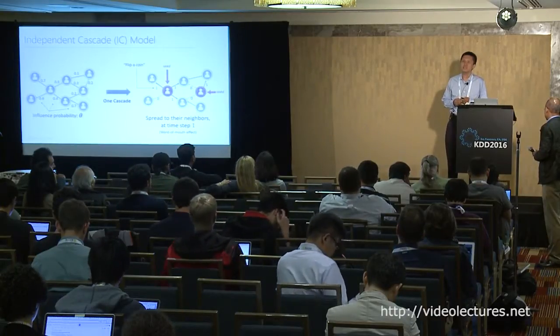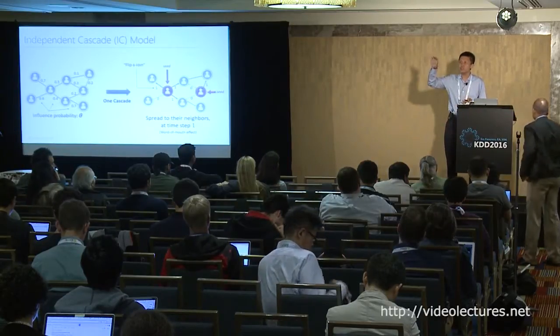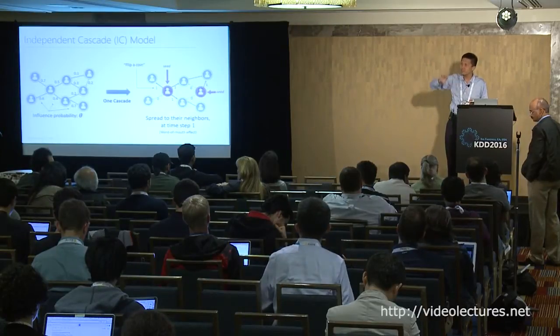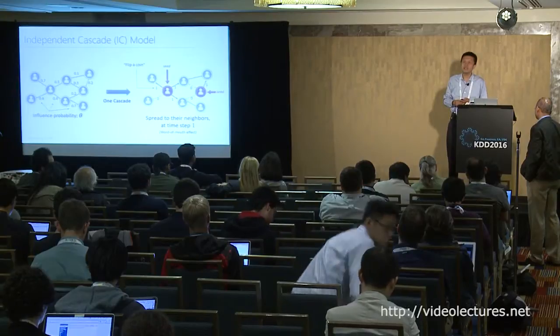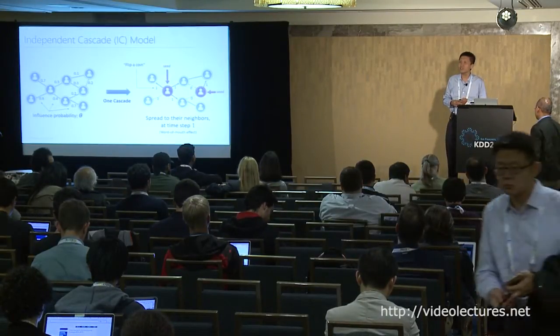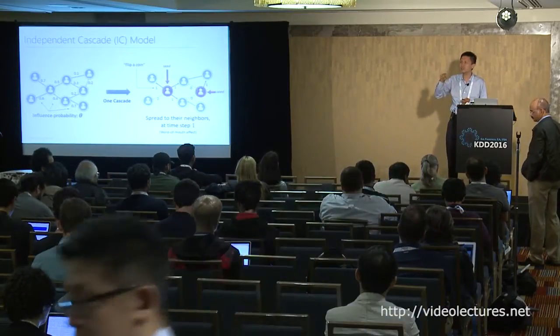If I understand correctly, you're saying instead of optimizing that ratio, just optimizing the influence spread, like the one in the numerator. Just to guarantee. For that problem, actually for the IC model it is easy, because the IC model has a monotone property on the theta parameter.